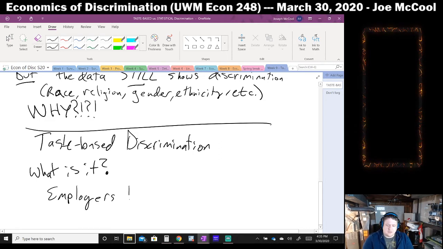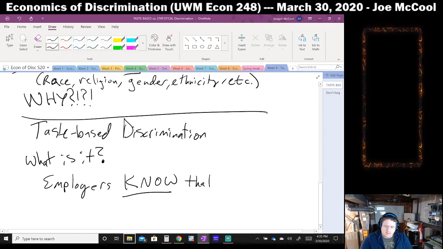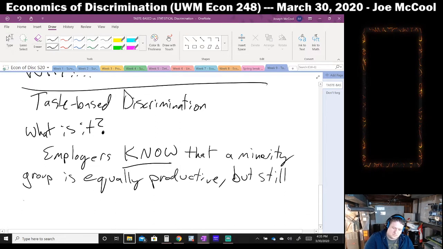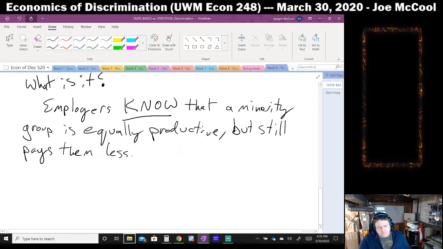Employers know that a minority group is equally productive but still pay them less, or don't hire them.